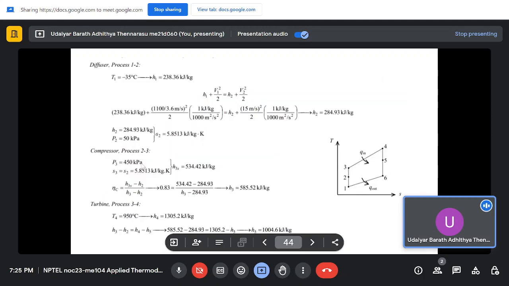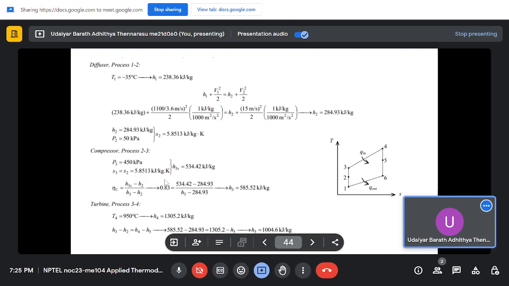So at 450 kilopascal and entropy of 5.8513 kilojoule per kg, we get enthalpy as 534.42 kilojoule per kg. This is assuming an isentropic compressor, but the compressor has an efficiency of 0.83, so your isentropic work divided by actual work.